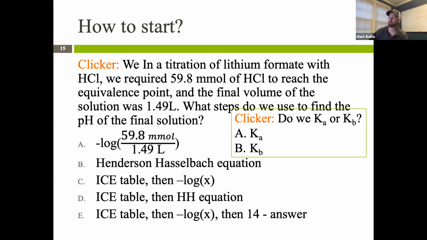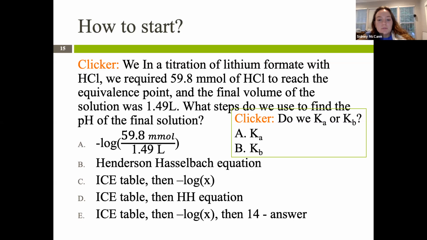So it's a little bit semantics, but if you were to go and look for the Kb of lithium formate, you're probably not going to find it. But you would be really easily able to find the Ka of formic acid. Does that make sense? Am I confusing you? Yes, on both. No, it's good.